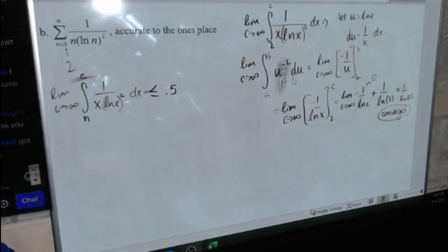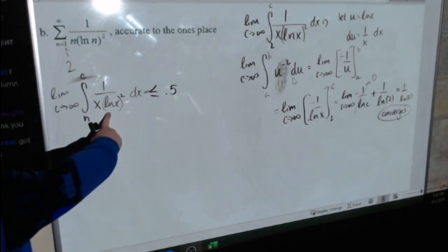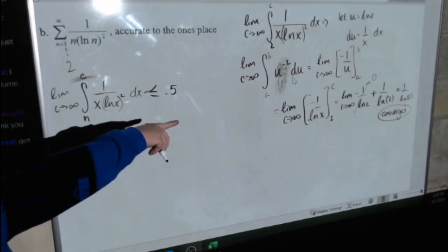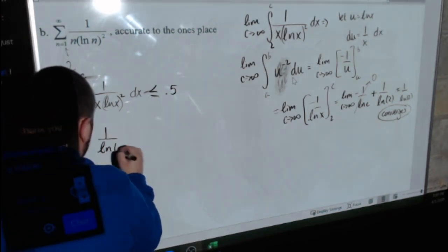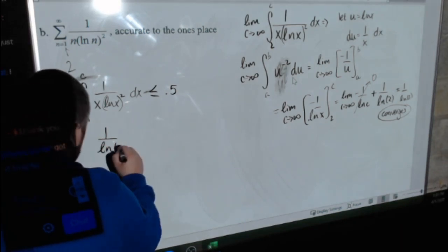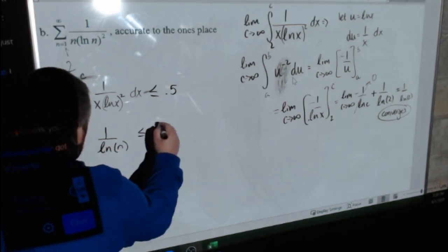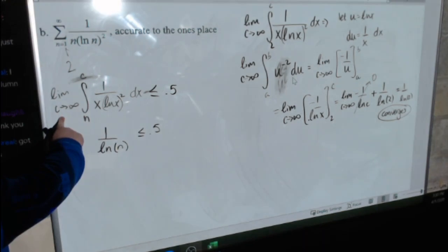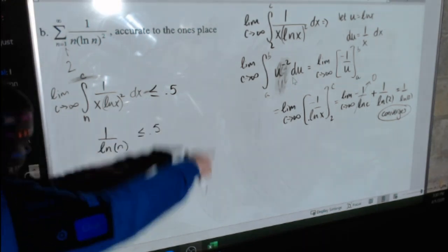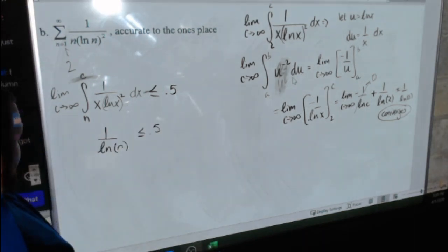Okay. Now we've already done this integral. We know exactly what it does. It turns out to be 1 over the natural log of whatever this value is. That's why I said it's nice that this one had to be proved that way. Just like that one, the limit is going to cause that first piece to go to 0 again.